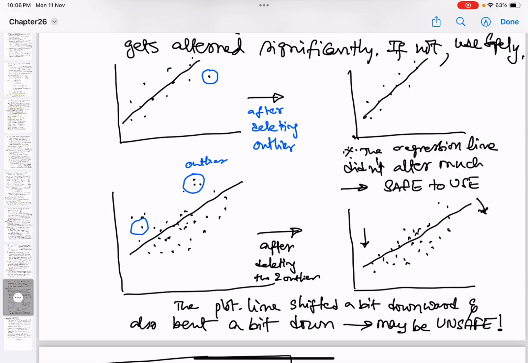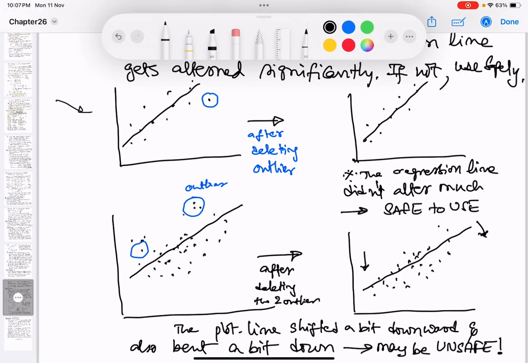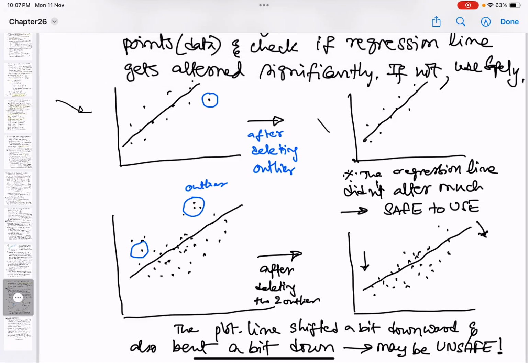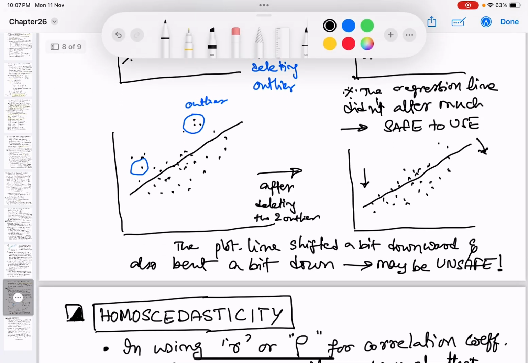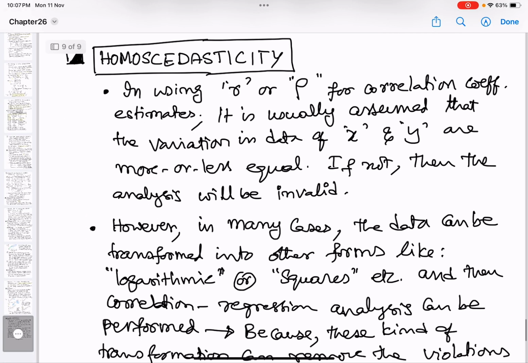You can see a point which is much farther from the linear regression line. In the second one, you can see that the regression line didn't alter much, even if you take into account the outlier. It's the same thing, so it is safe to use. However, if you see the other one, you can see that there is a significant difference between the linear lines, between this and this. So in that case, it is very unsafe to use it.